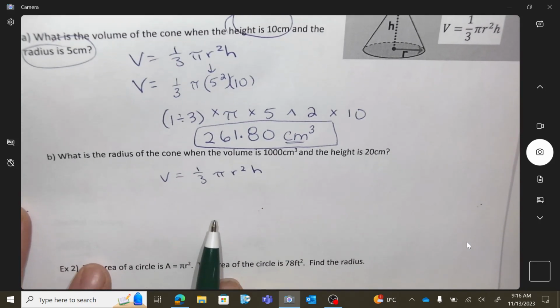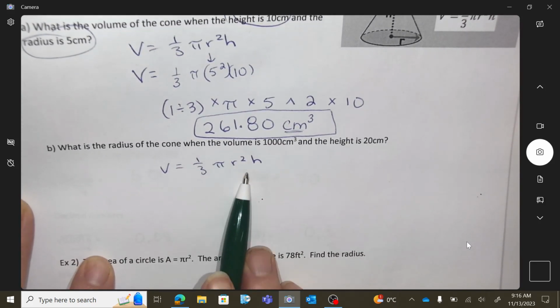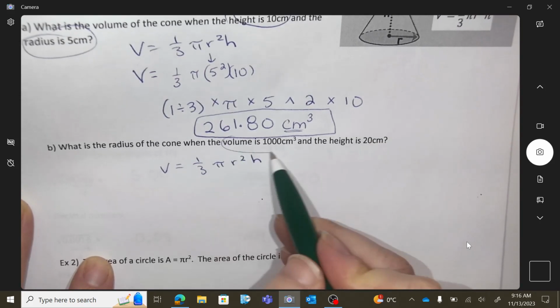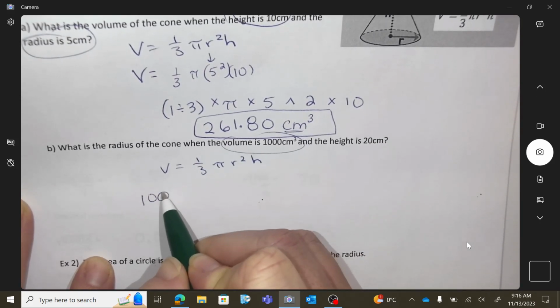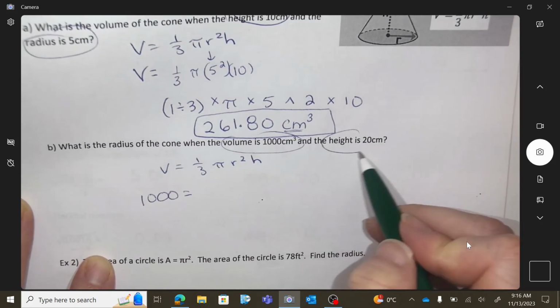Okay, so now, what is the radius of the cone when the volume is 1,000? So that's going to go into the volume. And the height is 20.